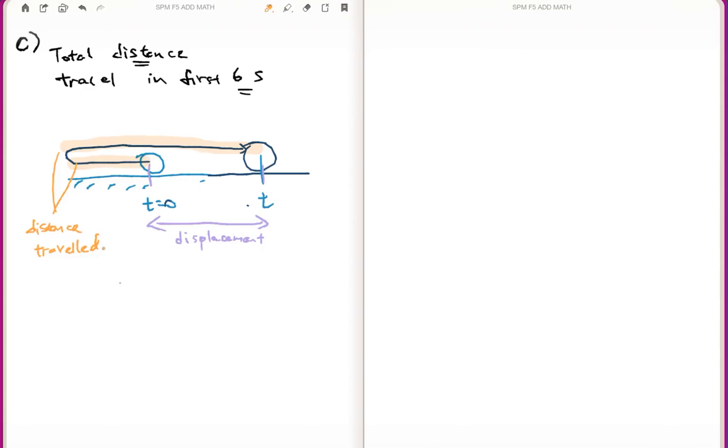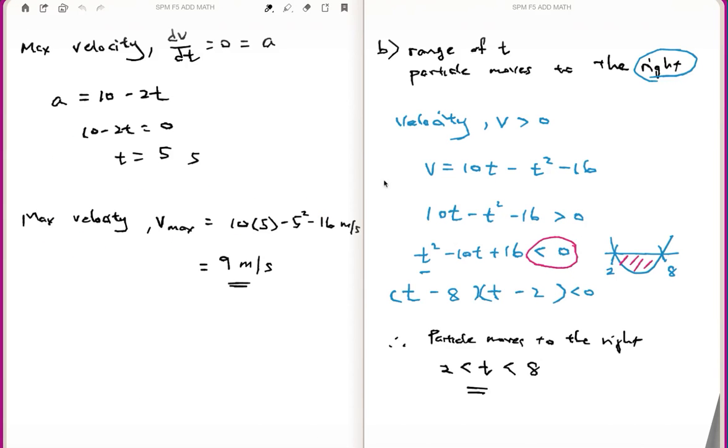So I hope you are quite clear by now what it means. Based on what we have earlier, the particle of t moves to the right.